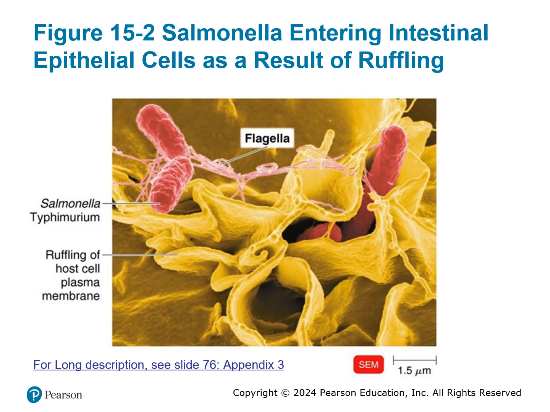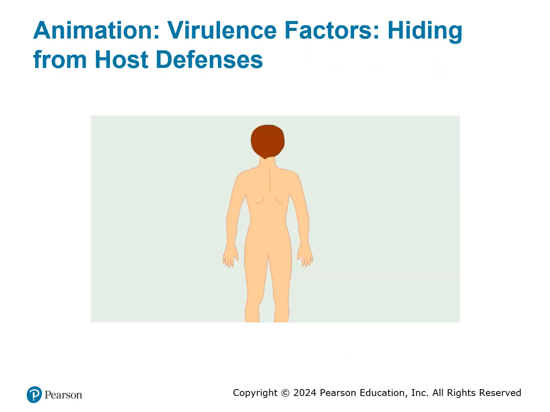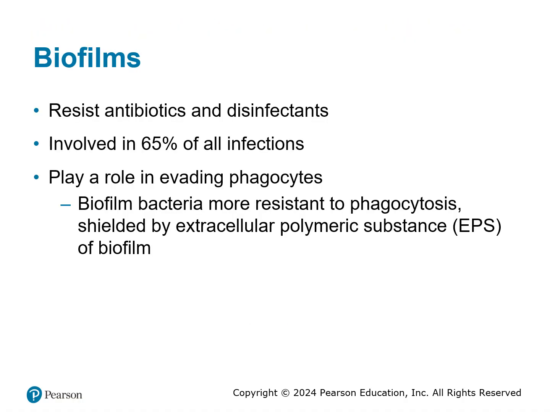Okay, so this shows you those ruffling, just like the potato chip, right? Ruffles. And then the little flagellates holding on, and then you can see these guys are just getting right in there. All right, I posted this with the video so you can watch them as well. All right, biofilms, really important as nurses that you don't create biofilms on people, right?